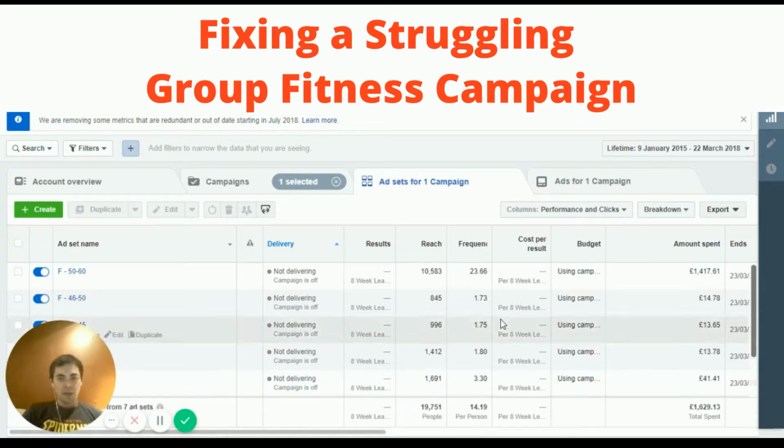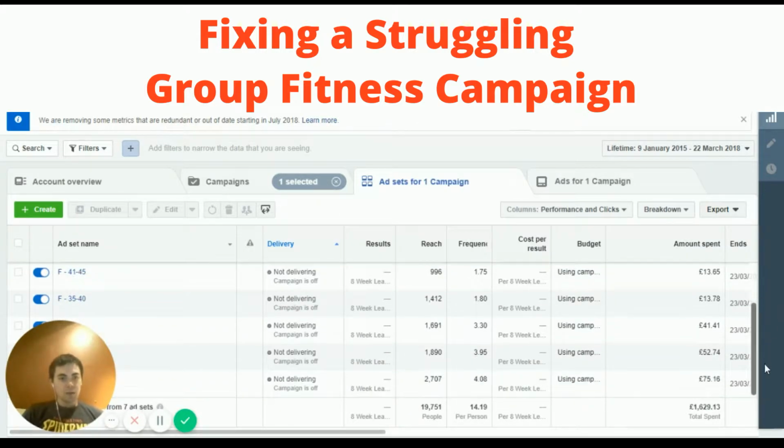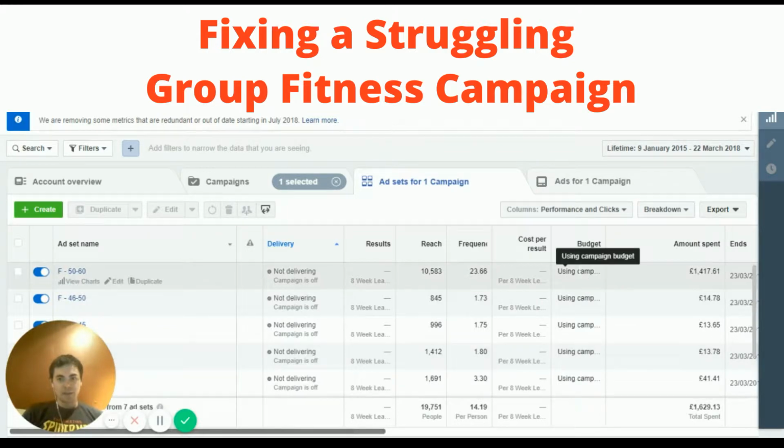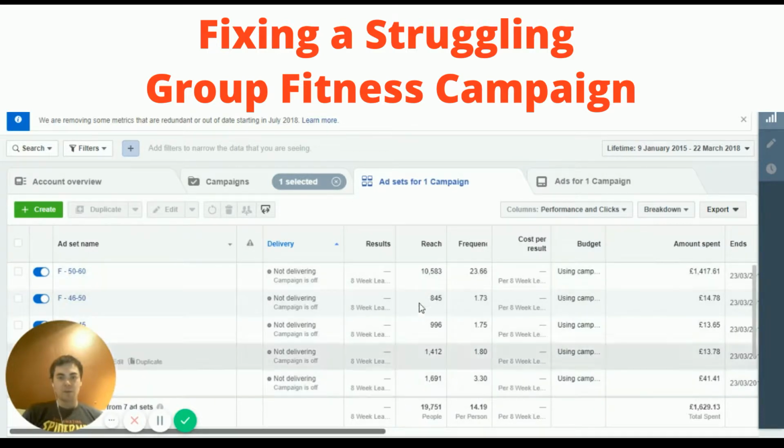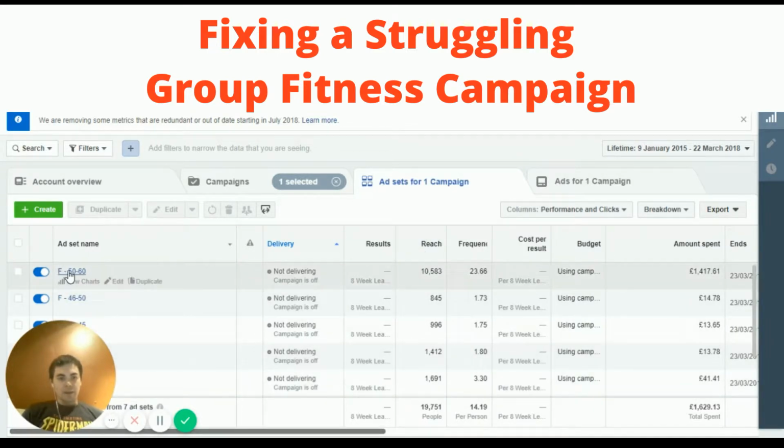So I see you've got a bunch of different age ranges here. Now that can be a good idea, but if you don't have a healthy daily budget, then it's always going to favor one over the others. And so you're better off, I would say, just grouping them all together and then trying to sort it out later.